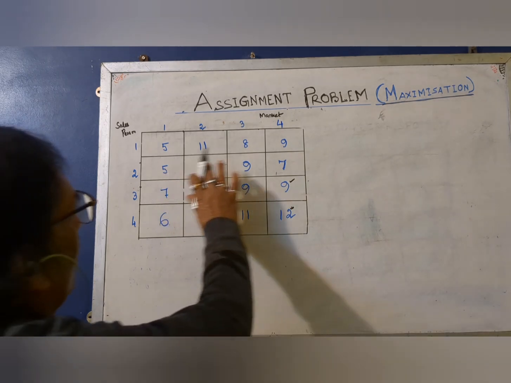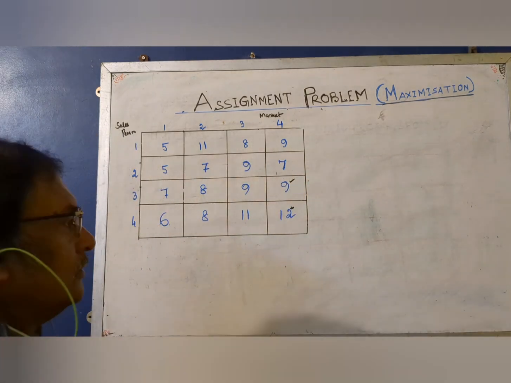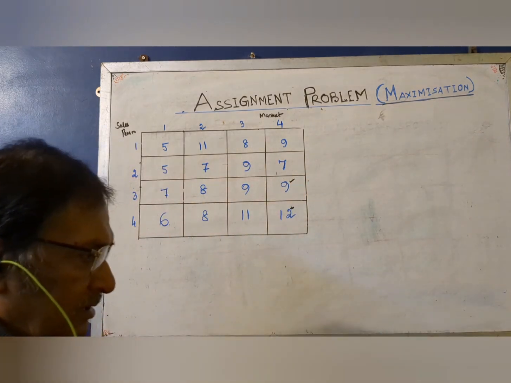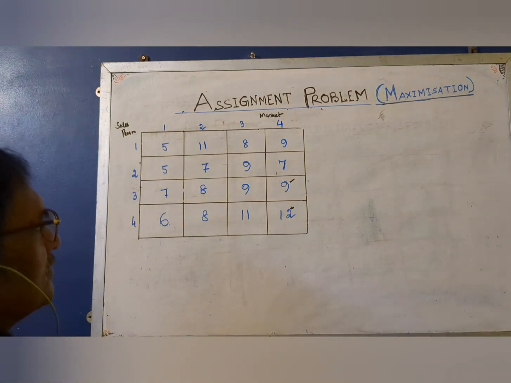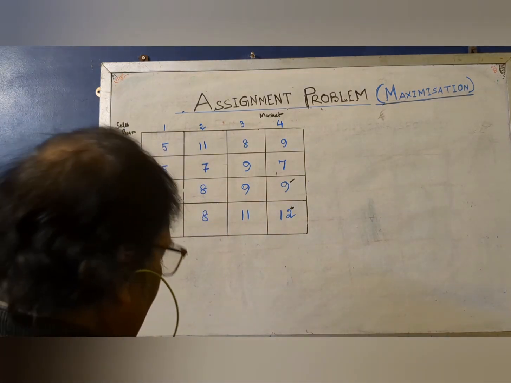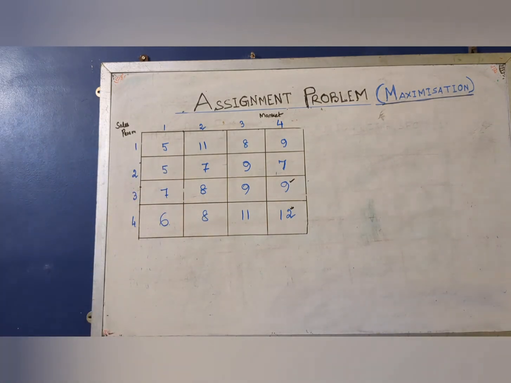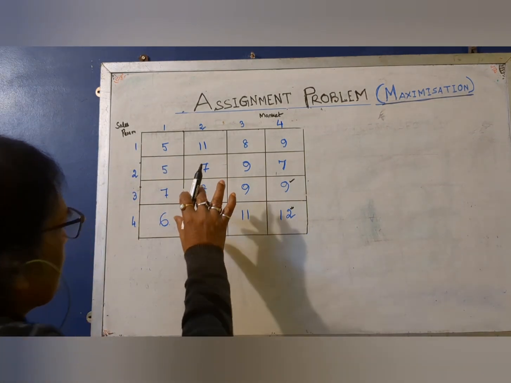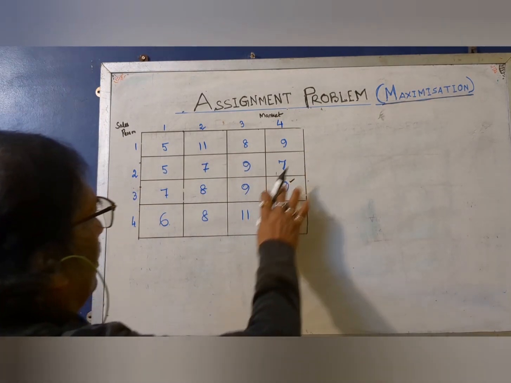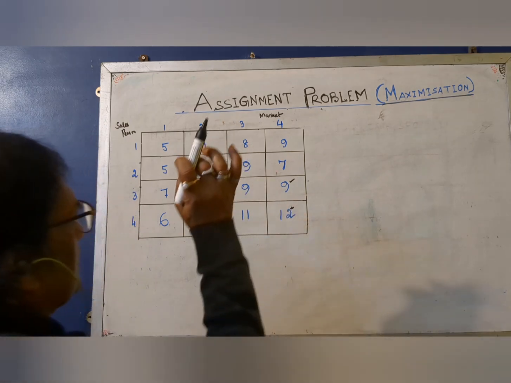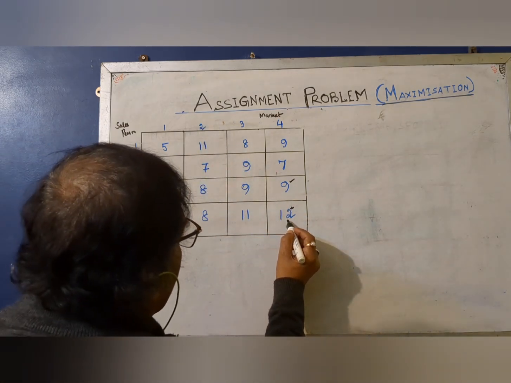You subtract all the elements of the matrix from this highest element, and in that way you can convert the maximization problem to a minimization problem. So you have to subtract all the elements from the highest element of the matrix. In this case, the highest element is 12.